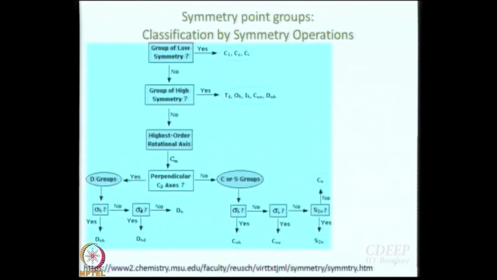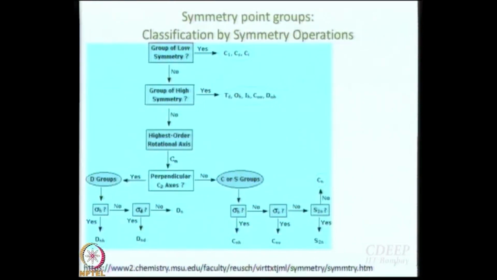So here this is a little easier. The first question to ask is, in addition to the principal axis of symmetry, do you have a horizontal plane, sigma h? If you have a horizontal plane, then you take Cn from the principal axis and H from horizontal, and you call it CnH.